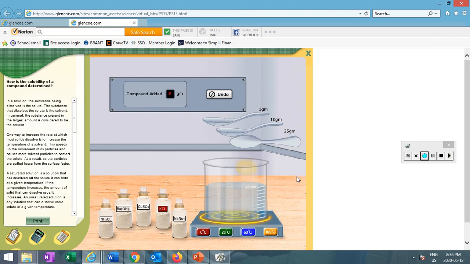Now up to 60, so higher than 35. Let's try 50 right off the bat. No good. Okay, so 47 grams.